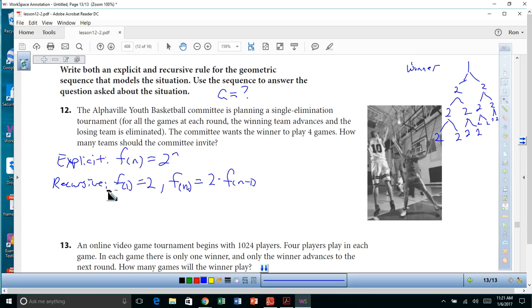All right. So we want the winning team to play 4 games. So that's going to be F of 4 equals 2 to the 4th power, which is 16. And let's see, 2, 4, 6, 8, 10, 12, 14, 16. That worked out. Good deal.